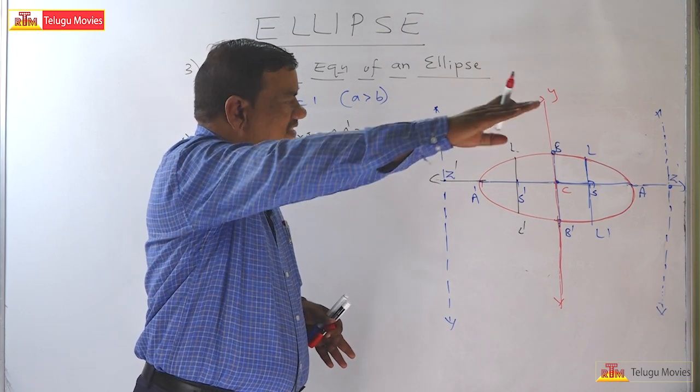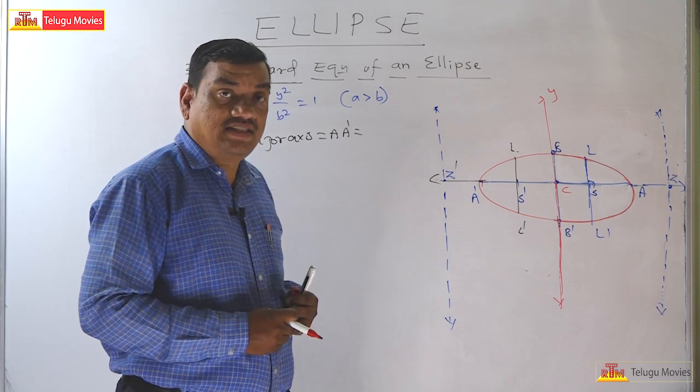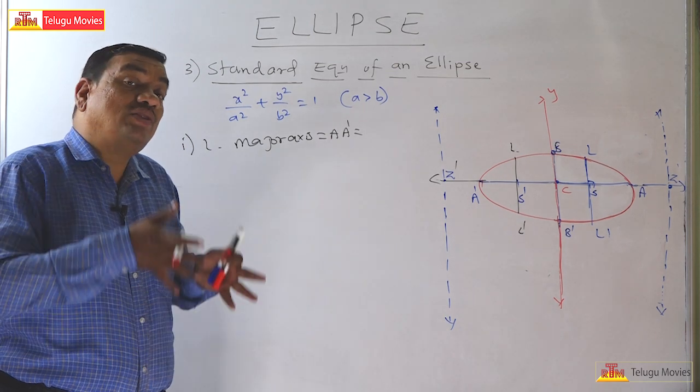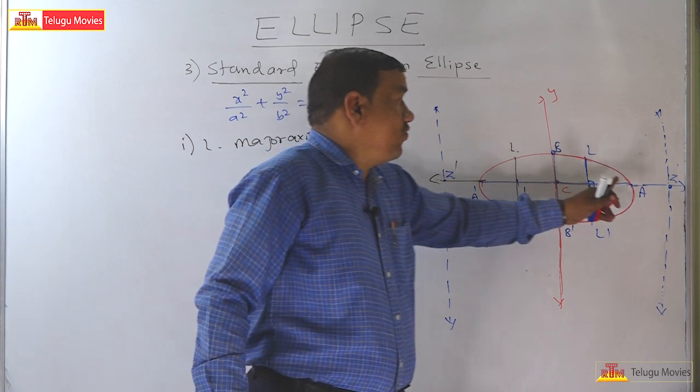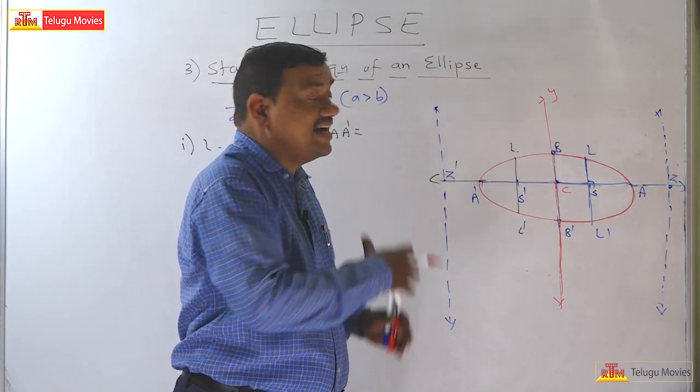Actually, the complete x axis is called a major axis. But coming to the length, we will take the distance between the vertices A and A dash.